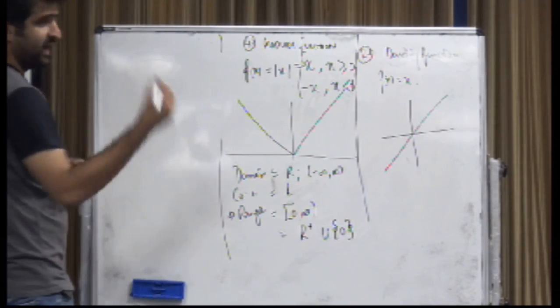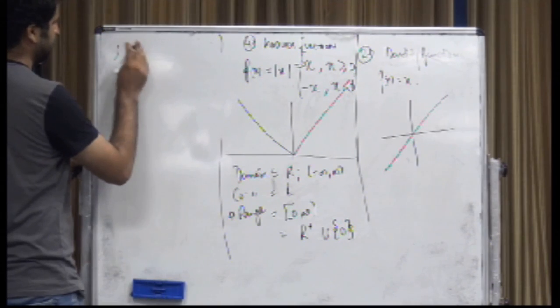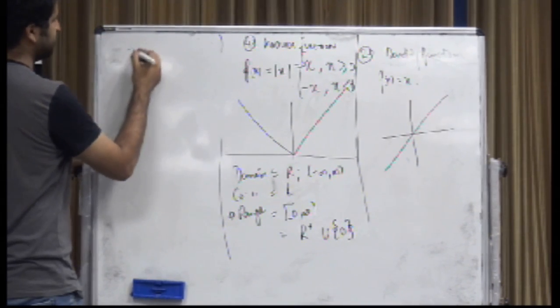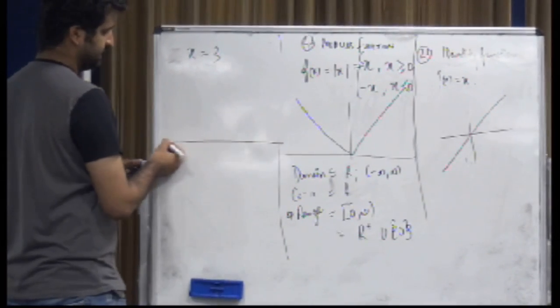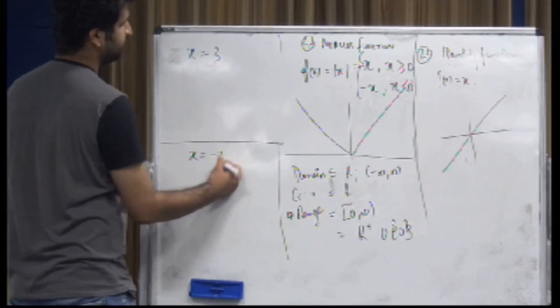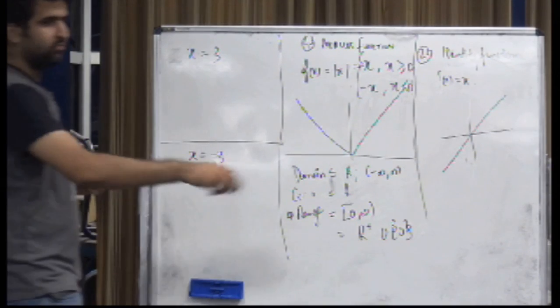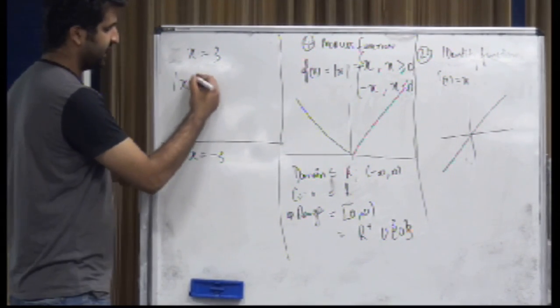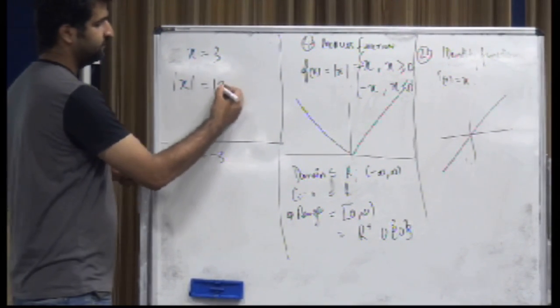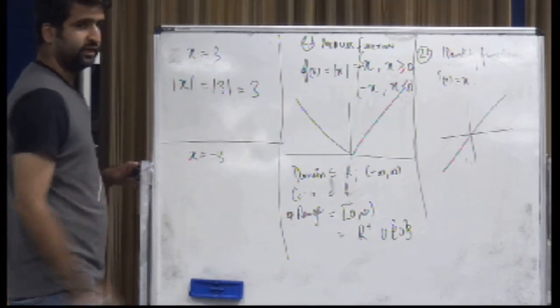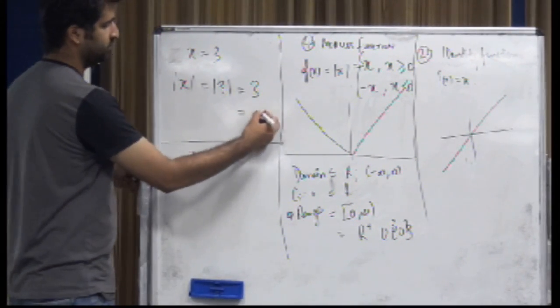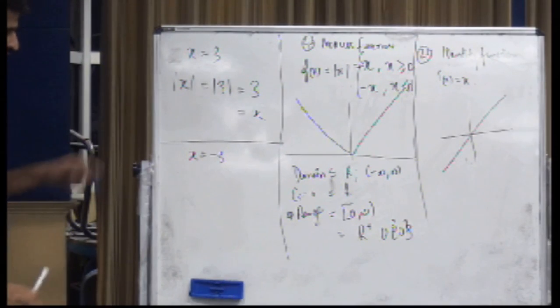So let's suppose I have two numbers. First one is x is equal to 3 and second one is x is equal to minus 3, right? So I take mod of these two. So first case I take mod of 3. What do I get? 3, which is further equal to x. This is the same as x.